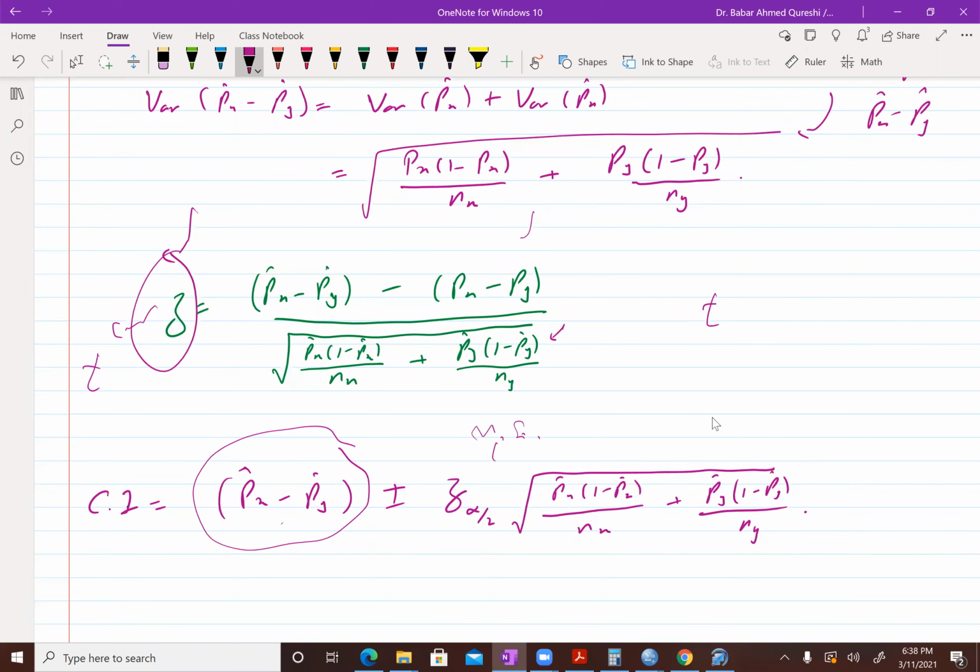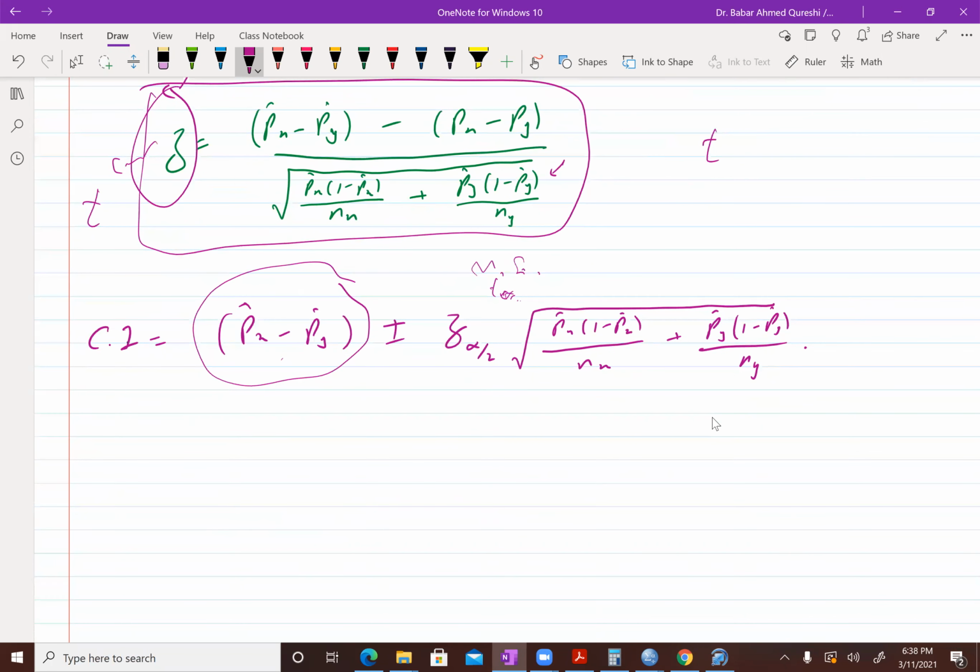Then you put in the critical value of the t variable here and put in for the standard deviation which you have computed from the sample. But in this case, the standard normal works. For proportions, you always just use the standard normal. You don't need the t variable. So this is the formula which you will be using.